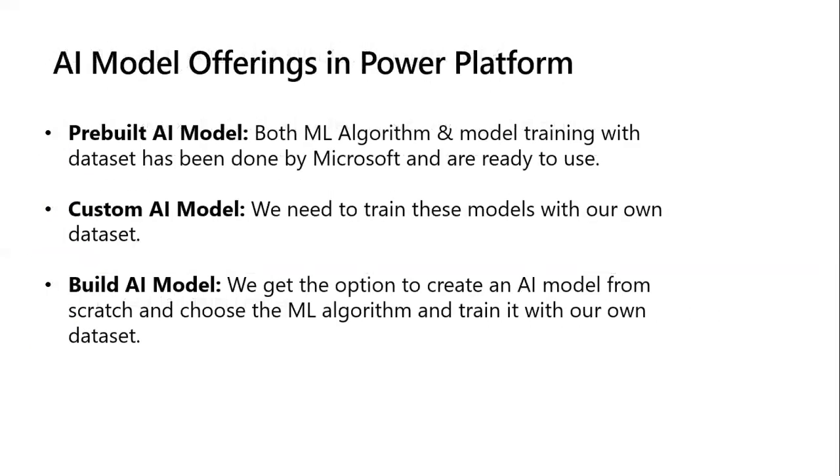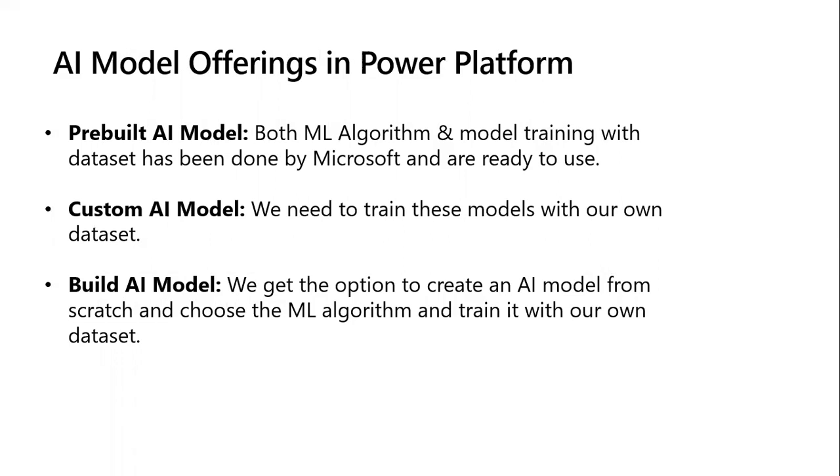Now, moving ahead towards the AI model offerings in Power Platform, we have three different kinds of options available to work with AI Builder. We have prebuilt AI models provided by Microsoft, where all the training and testing has already been done, and we can directly use those prebuilt models in our app and in our flow as well.